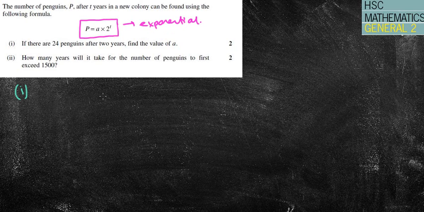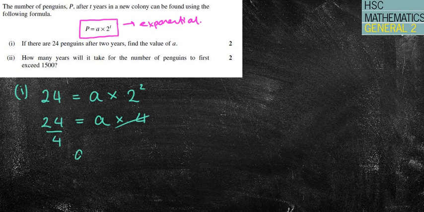If there are 24 penguins after 2 years, find the value of A. Okay, so 24 equals A times 2 to the power of, and T is time, so 2 to the power of 2. So I've just got an equation, 24 equals A times 4. The opposite of times 4 is divide by 4. A equals 6. Beautiful.